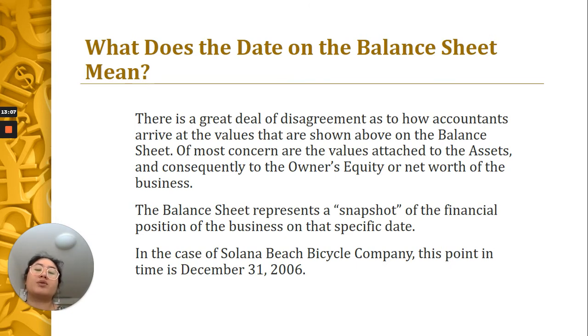Most concern is about the values attached to the assets, and consequently to the owner equity, or net worth, of the business. The balance sheet represents a snapshot of the financial position of the business on that specific date. In this case, the balance sheet of the Solana Bicycle Company is at 31st December 2006.